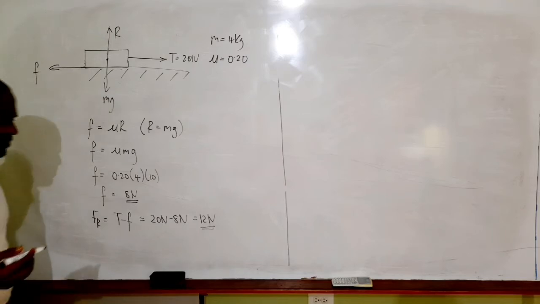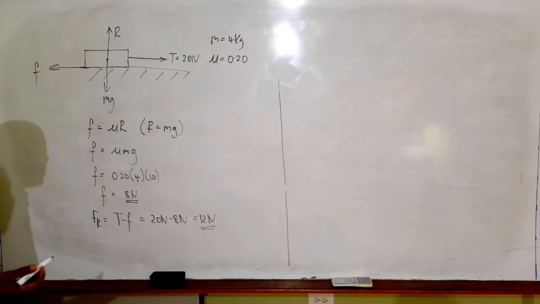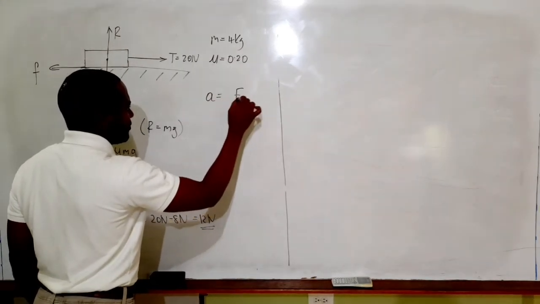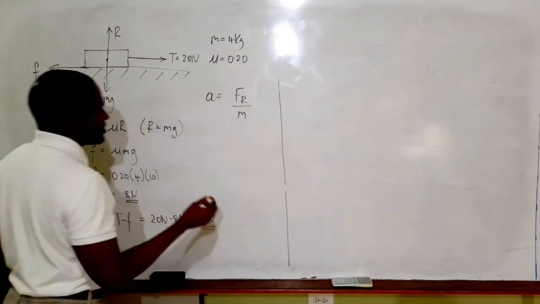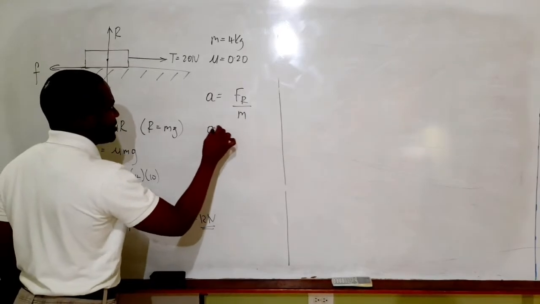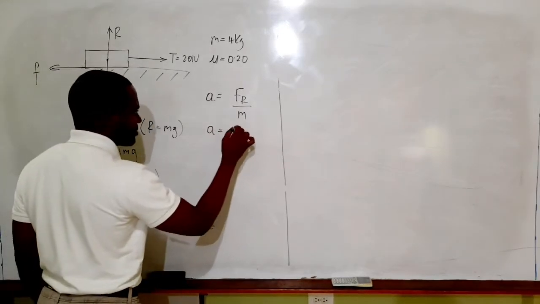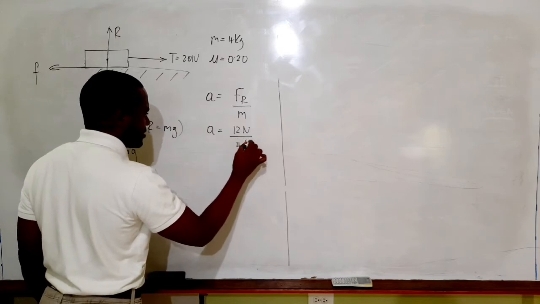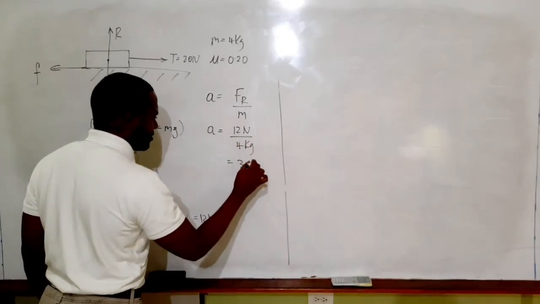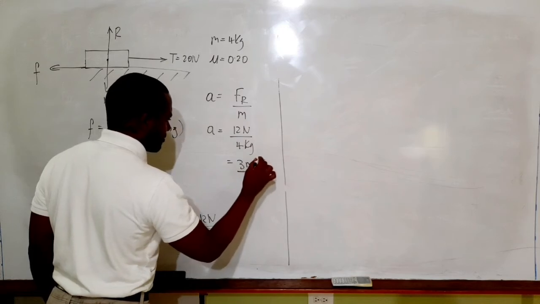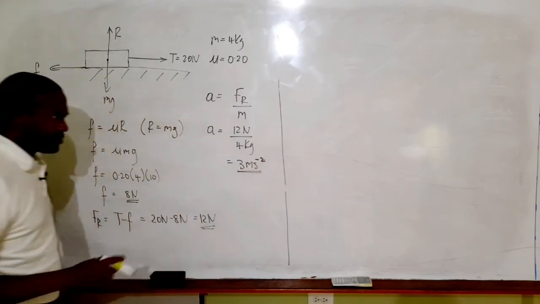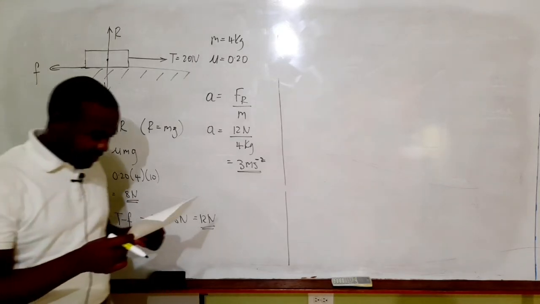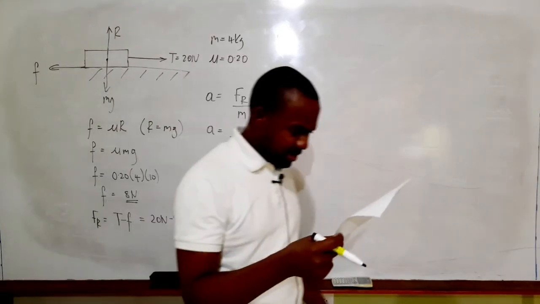But we have to find the acceleration, so the acceleration A is equal to the resultant force divided by the mass. A is equal to 12 newtons divided by 4 kg, which gives us 3 meters per second squared. So the acceleration of the body is 3 meters per second squared.